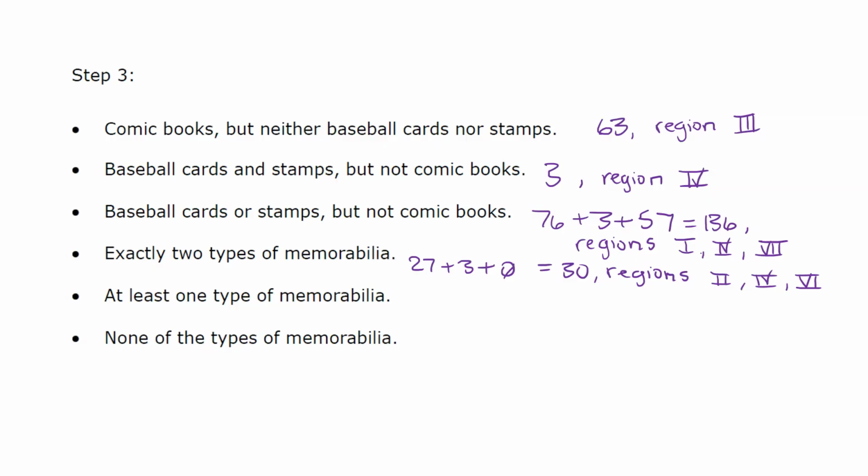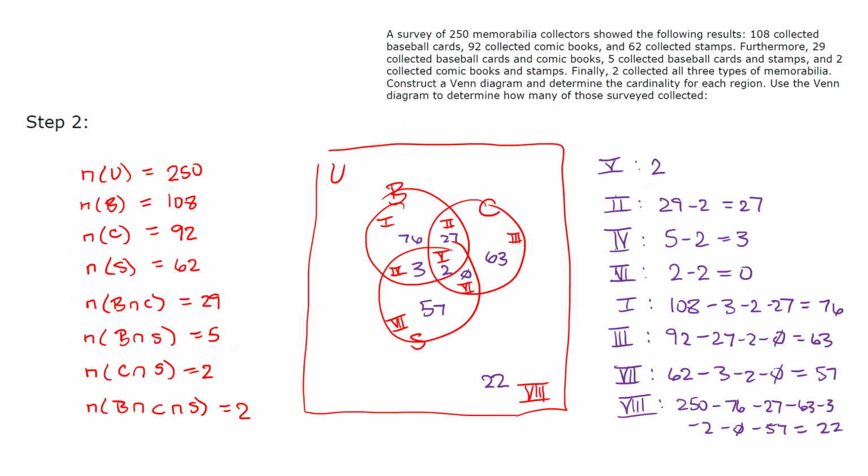Next, we want to look for collectors who have at least one type of memorabilia. Well, in this universal set, we have 3 sets. And everything within those 3 sets are going to be collectors that have at least one. Okay, at least one.